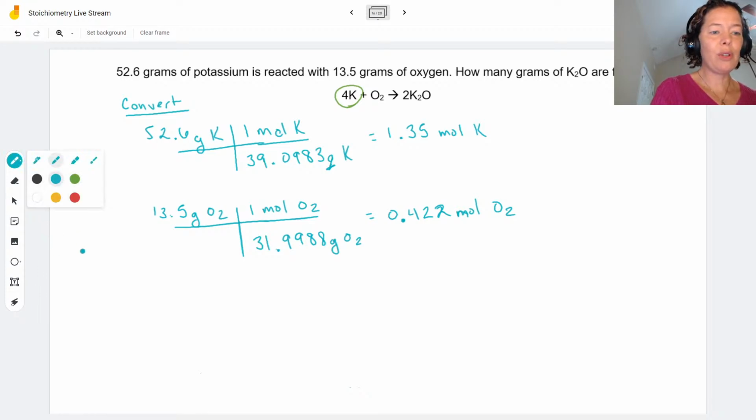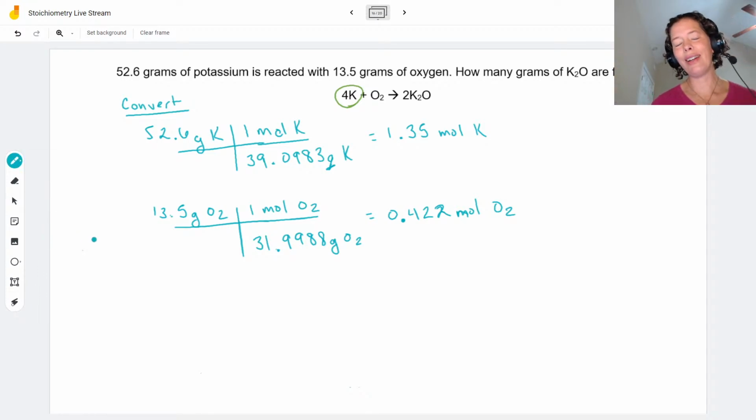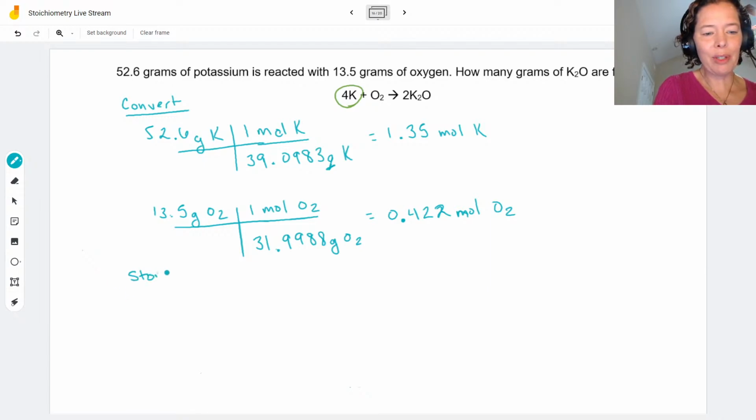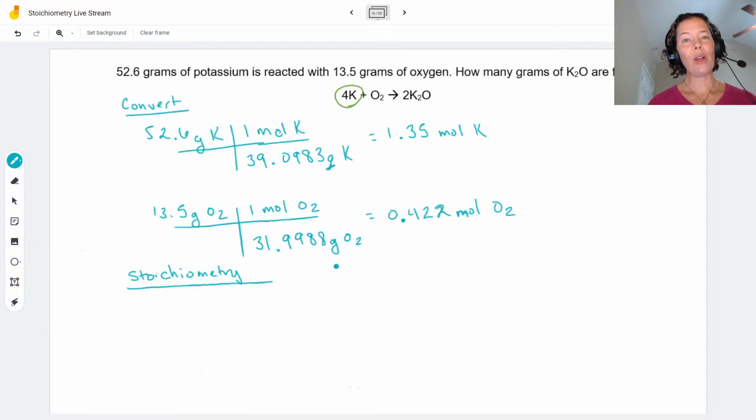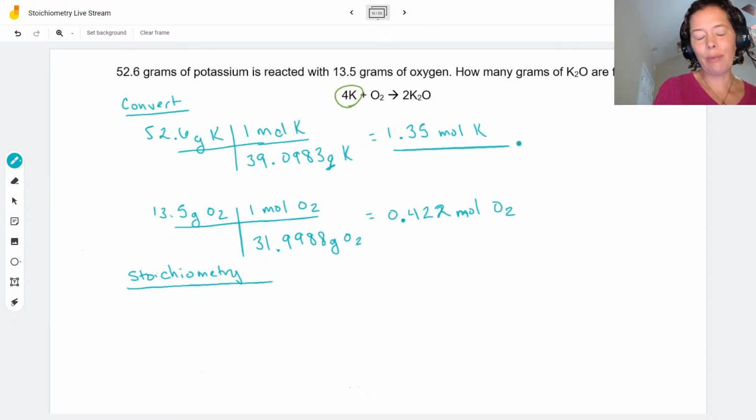But if you're hopefully doing this on a piece of paper, you can list all of these steps and keep on working down the page. Okay, so now here for my stoichiometry. I'm going to start with my moles of my limiting reagent. That is my moles of potassium. This is why I wanted to keep this calculation up here.